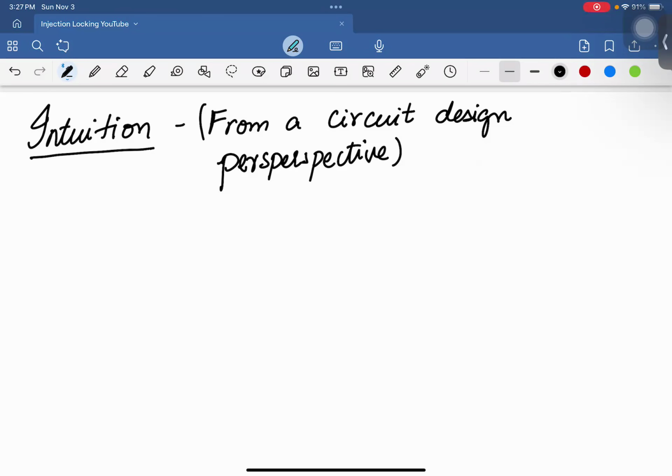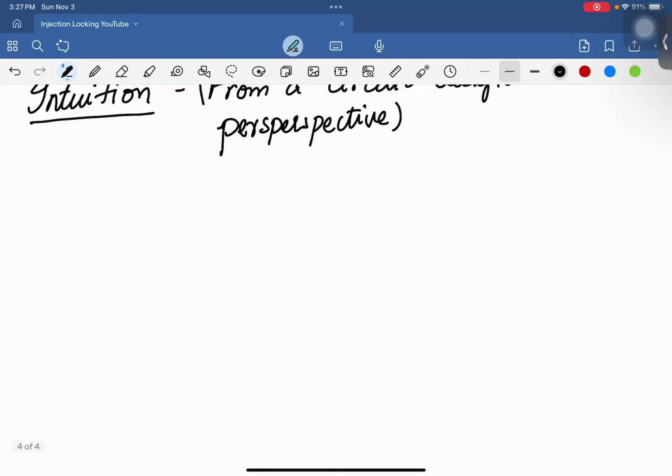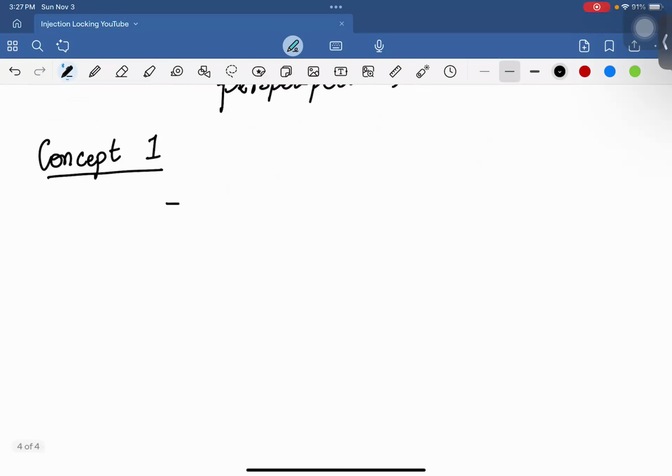Okay, so let's start with discussing three different concepts. So the first concept, number one, is let's say I have a RLC tank, resistor, capacitor. So I'm modeling a standard LC oscillator like this with some active element here, say a transistor, right?